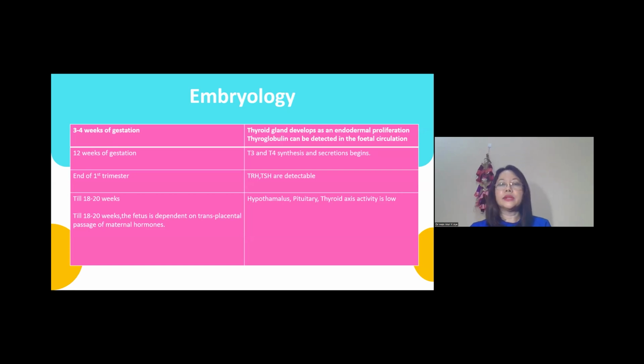And thyroid hormone synthesis, T3 and T4, begins at 12 weeks of pregnancy. TRH and TSH are detectable at the end of the first trimester, within the first 3 months of pregnancy. But until 18 to 20 weeks, the fetus is dependent on transplacental passage of maternal hormones because his hypothalamic-pituitary-thyroid axis is still immature.